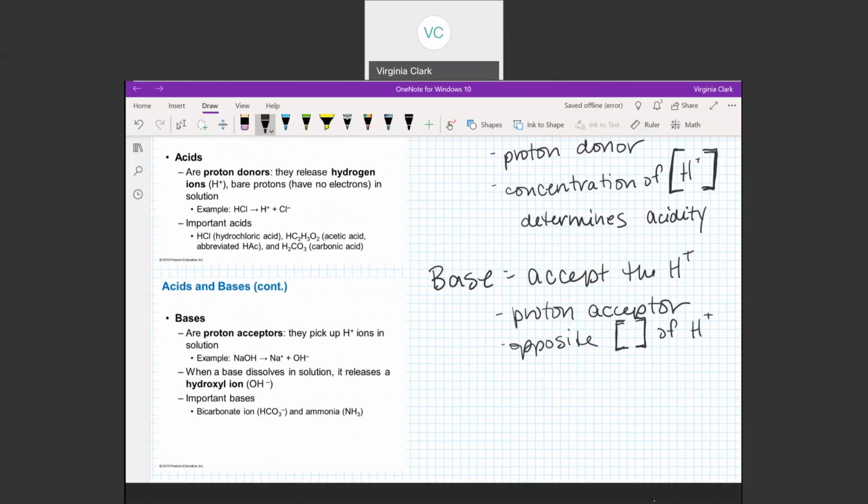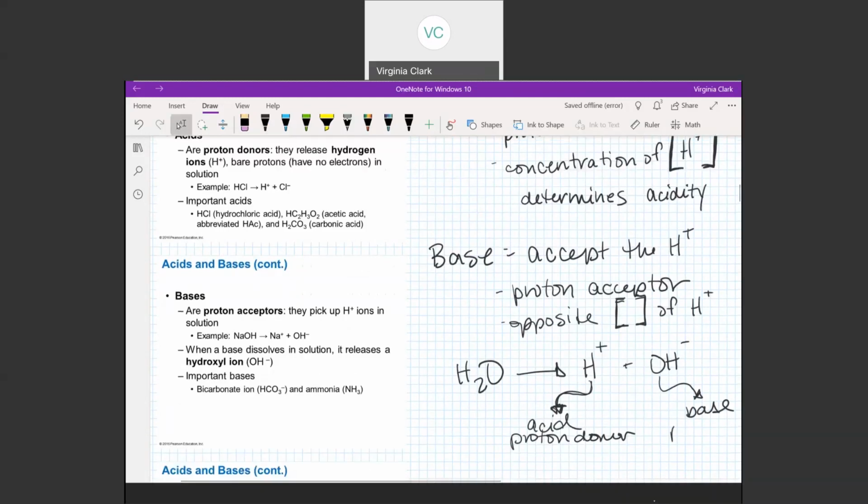So if you think about H2O, when this breaks up, you have one H and then you have OH minus, because there's two hydrogen and one oxygen. So this right here is the thing that can act as the acid or the proton donor. So whatever takes this will become an acid. Whatever takes this will become a base, because this is the proton acceptor.